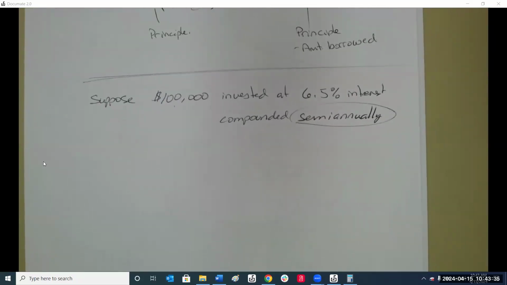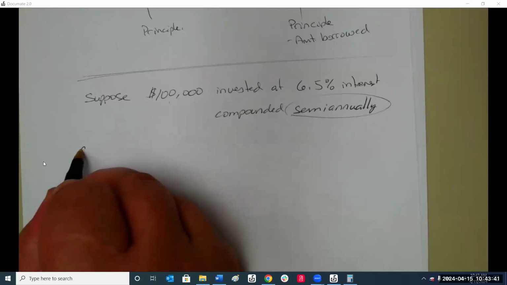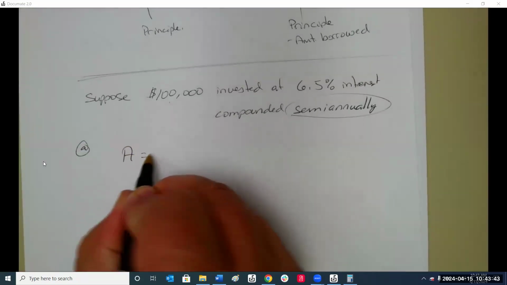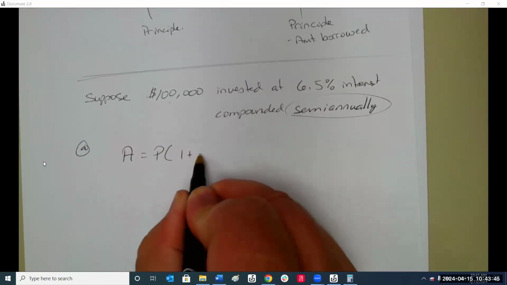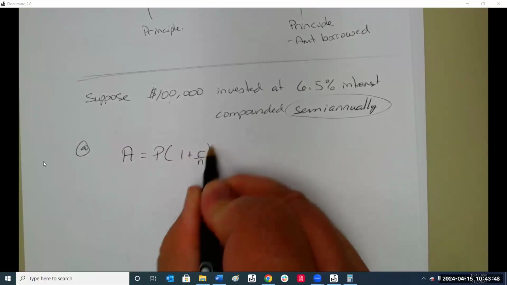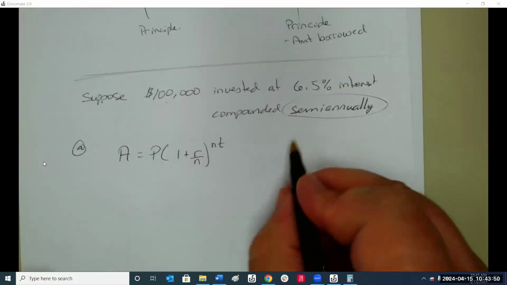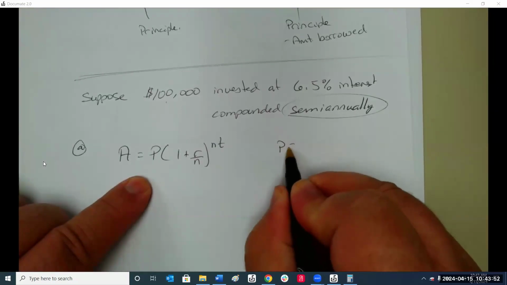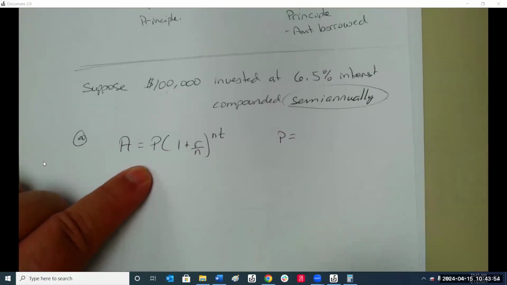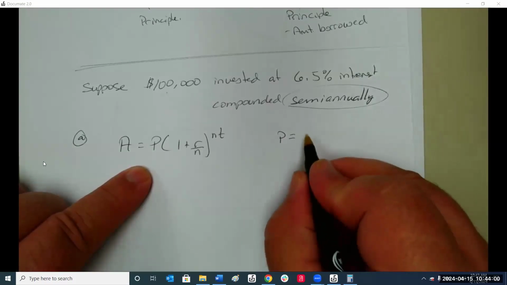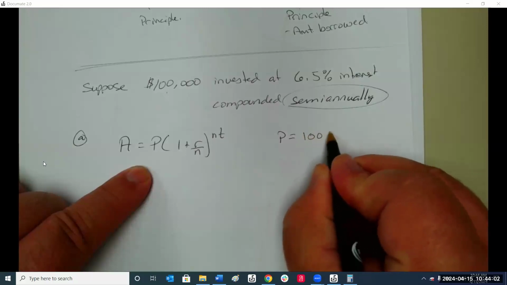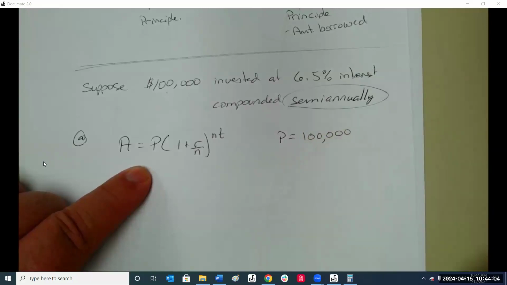All right, so it says A, find a function for the amount to which the investment grows after t years. So A equals P times (1 plus r over n) to the nt. So what is our P? What's our principal? The principal is the $100,000. That's how much we're going to invest.